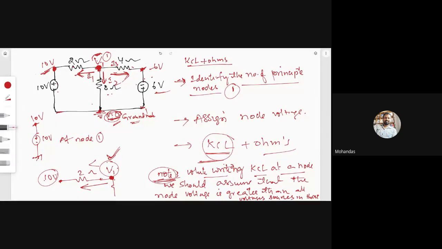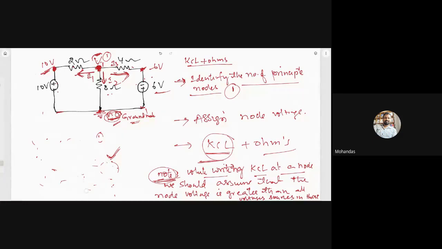Now, after giving the direction for the currents, all are leaving currents.